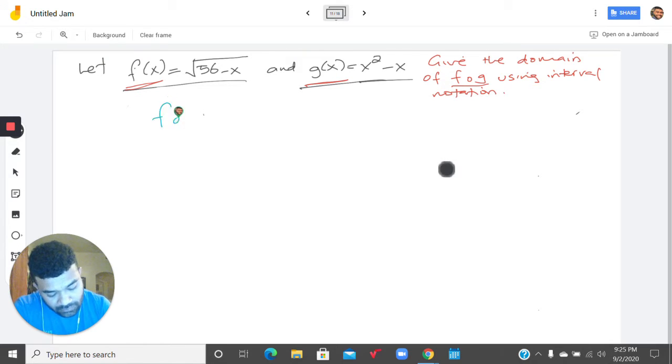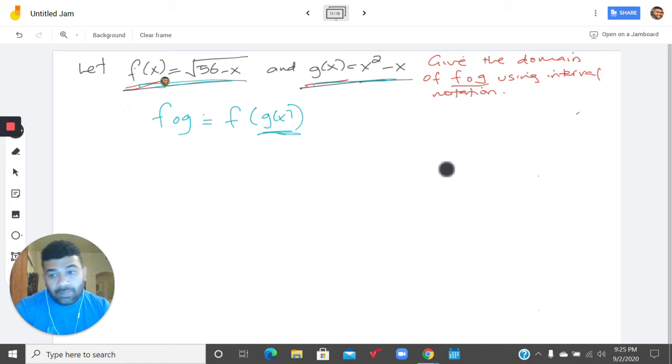F of g simply means f of g of x, which means the function g of x has to go inside the function of f of x. I hope that makes sense.